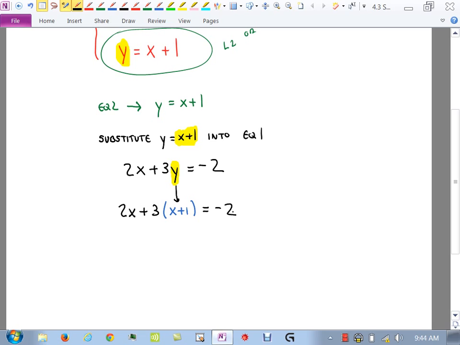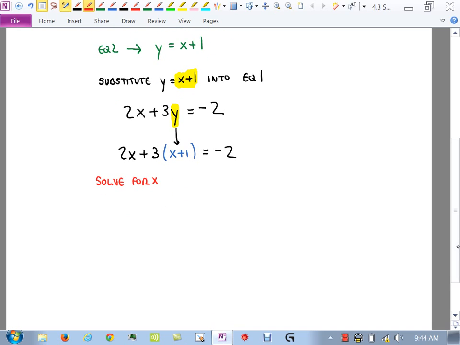So let me first remove parentheses by distributing the 3 through the parentheses, right? So I'm solving for x. So I'm going to put that step here. I'm going to solve now for x. So distribute the 3 through, and you get 3x plus 3, right? Equals -2. Now what?